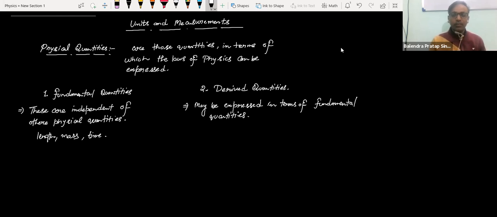Some others I will discuss just after discussing what derived quantities are. Some examples of derived quantities are force, okay, we represent force in terms of mass and acceleration, and velocity, etc.